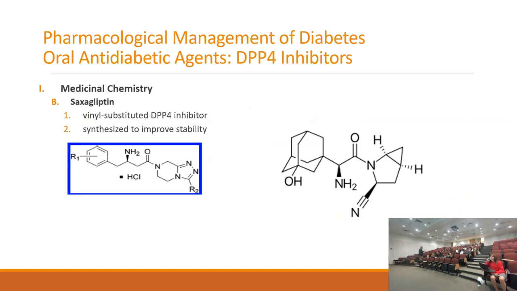Now, the vinyl substitution and some of the other chemical differences in saxagliptin allow the drug molecule to bind covalently to the enzyme. And that's what I mean here by improving the stability of the binding between the drug molecule and the enzyme.